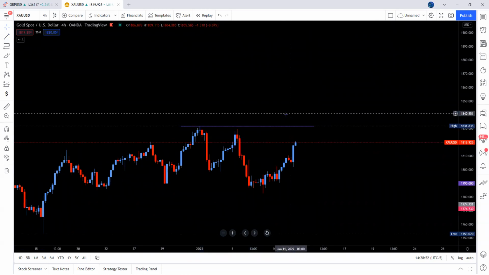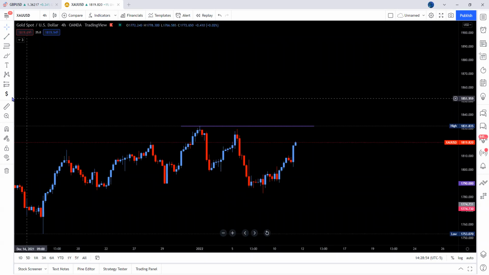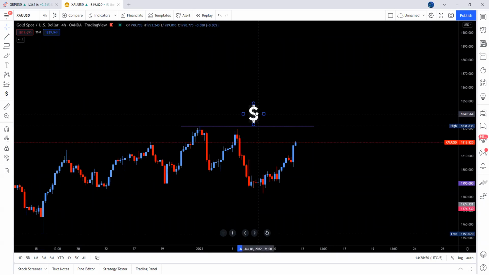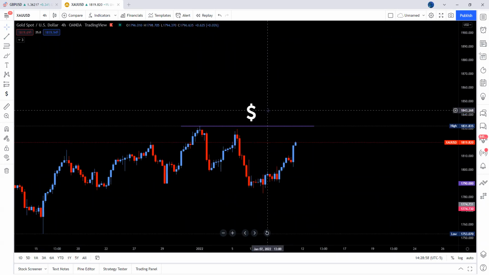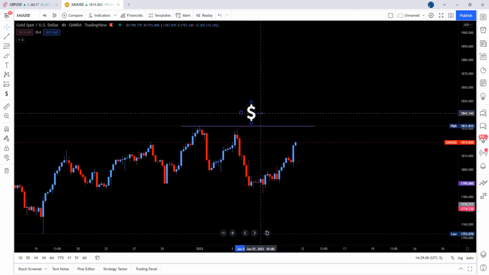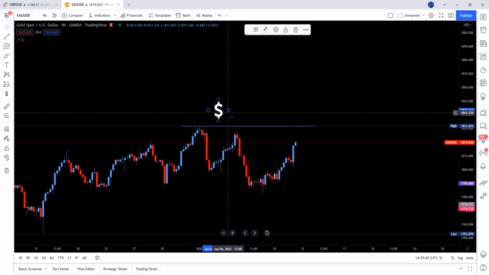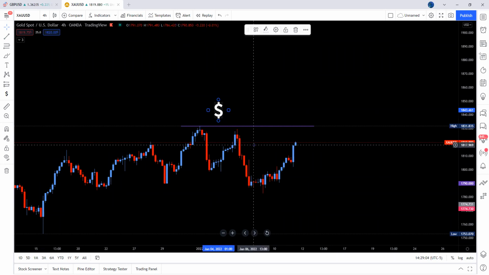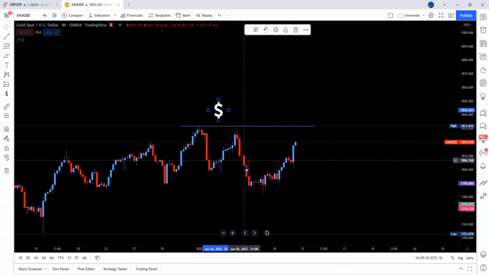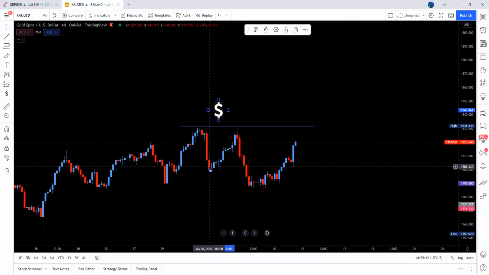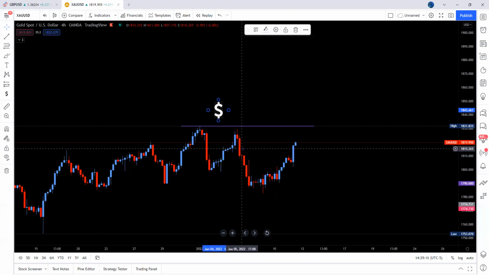And what is this? This is a very clear pool of liquidity, right? So this is a liquidity pool. Now, there was another question asking what the difference is between a liquidity void and an inefficiency. A liquidity void is kind of like this, except it looks more like this, right? Meanwhile, an inefficiency is usually just one candle.